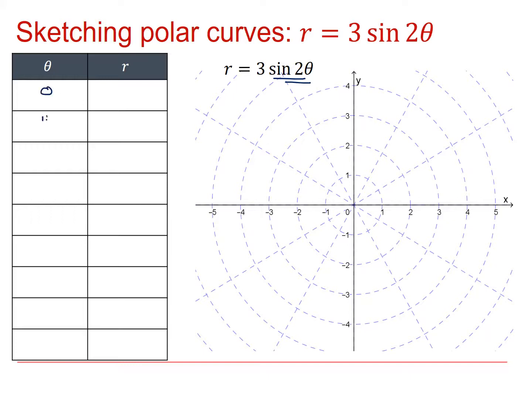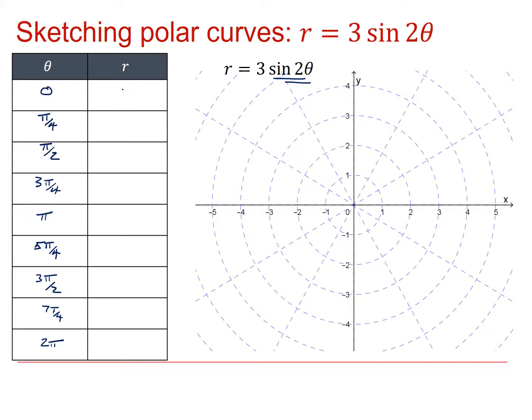So start at 0, pi by 4, pi by 2, 3 pi by 4, pi, 5 pi by 4, 3 pi by 2, 7 pi by 4, and 2 pi. Sine, remember, starts at 0, goes up to 1, comes back down to 0, and so on. And sometimes it's useful to just sketch a graph of sine or cosine to help you through.